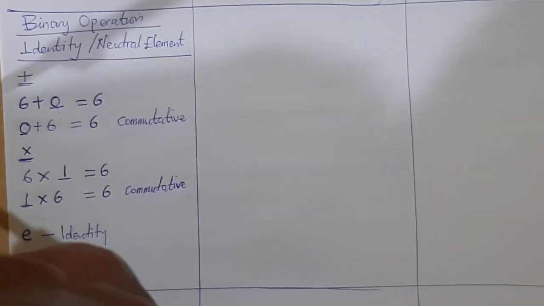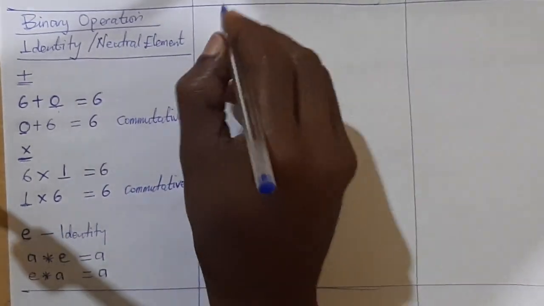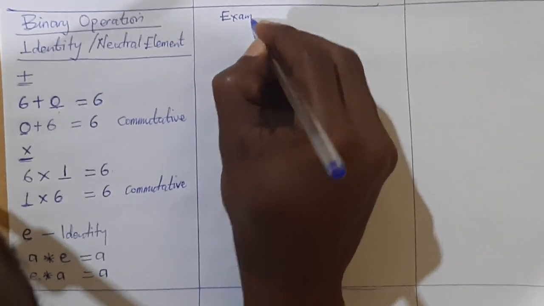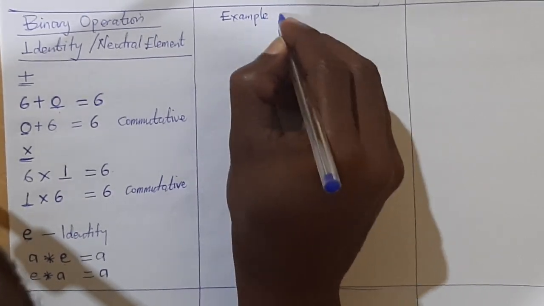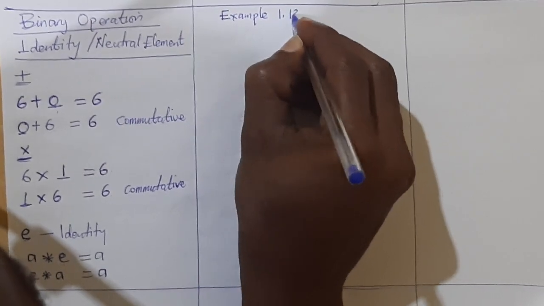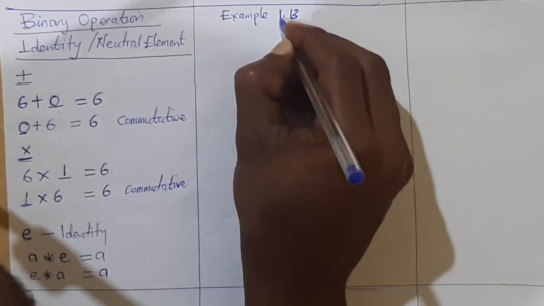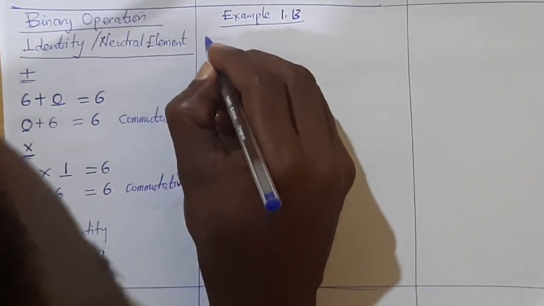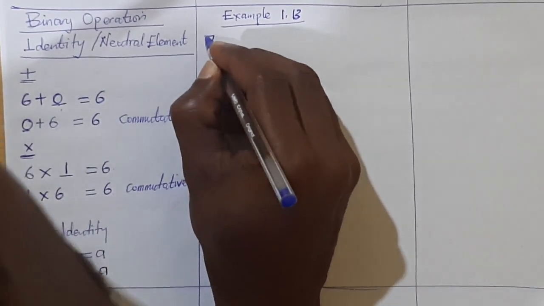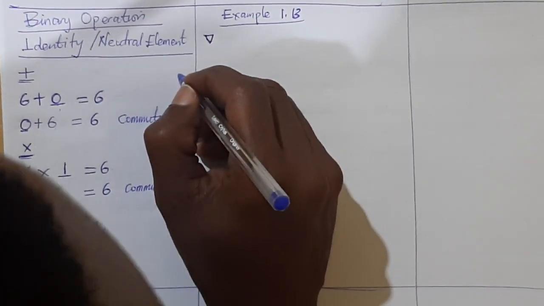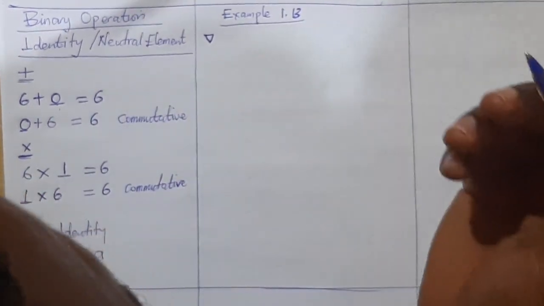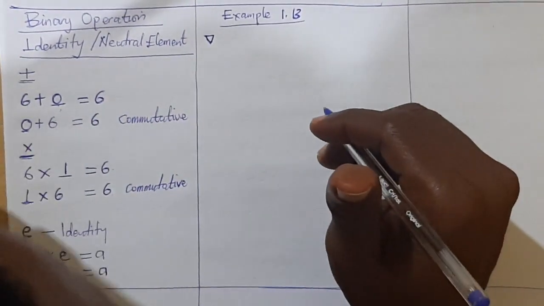So let's check our worked example, Example 1.13. Now, we are given an operation, an upside down triangle, and we are told that it is defined on all real numbers. Please refer to the notes.